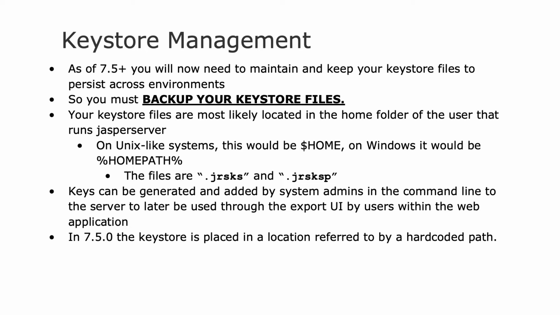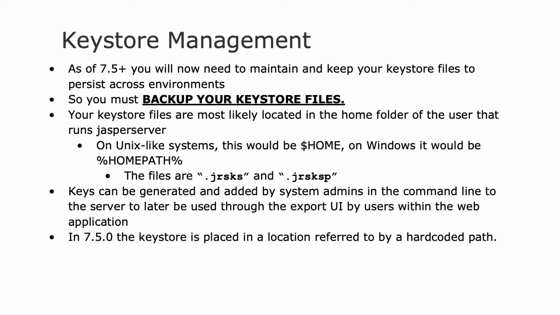As of 7.8, keys can be generated and added by system admins in the command line. But as of 7.5, the keystores are placed and referred to in this properties file by a hard-coded path.